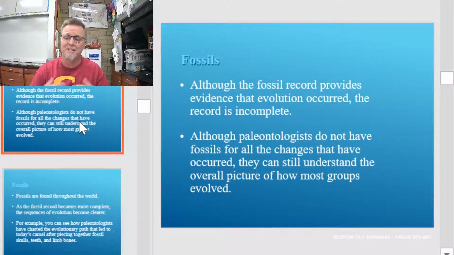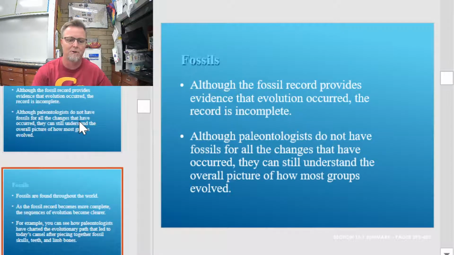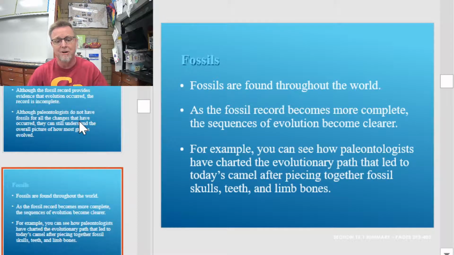That being said, they still try to use what evidence they have to gain a better understanding of the overall picture of how most groups evolved. Fossils are found throughout the world, and as the fossil record becomes more complete, who knows? Maybe our picture of change over time will become more complete too.